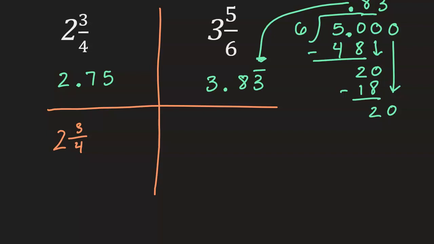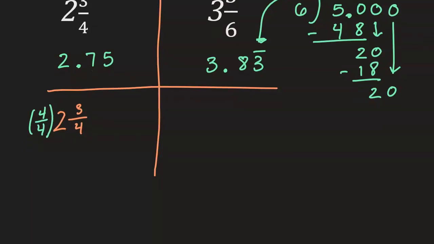So what we do is we force 2 to have the same denominator as 3/4. We do this by multiplying 2 by 4/4. Again, we can multiply by anything that is equivalent to 1 and not actually change the value. So 4 divided by 4 is 1. We're not actually changing the value of 2.